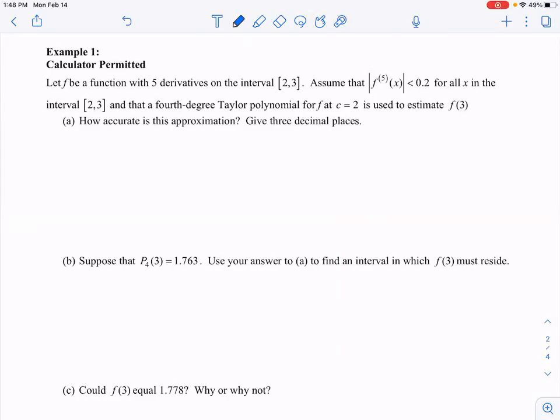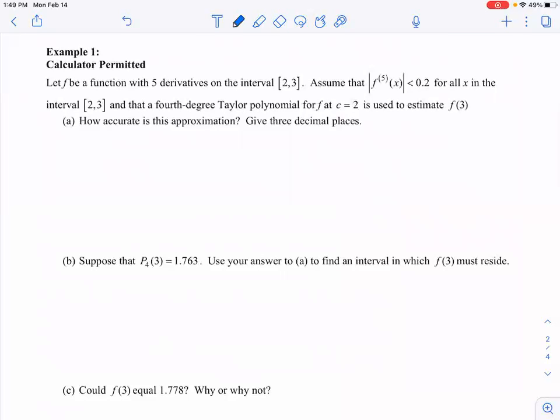f is a function with 5 derivatives. We also know that the 5th derivative is less than 0.2. And the 4th degree polynomial for f centered at 2 is used to approximate f of 3.